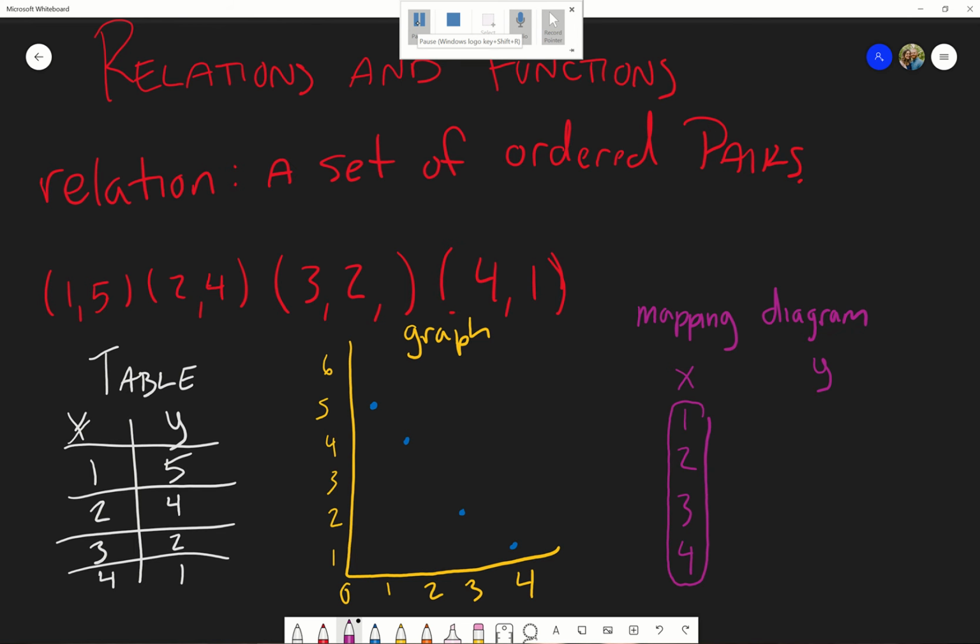Then our y's we write out as 5, 4, 2, 1, and then we draw arrows connecting our x's to our y's. 1 goes to 5, 2 goes to 4, 3 goes to 2, and 4 goes to 1.